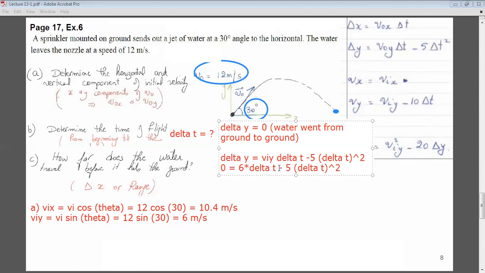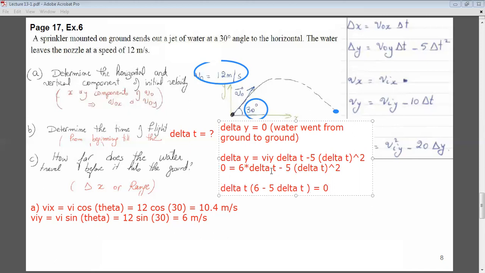You can either use the calculator on a quadratic equation to solve it, but it's also easy if we take delta t as common. Delta t as common from the first part would be 6 minus 5 delta t equal to 0. I just flipped them around.